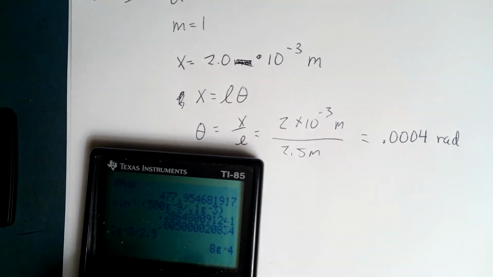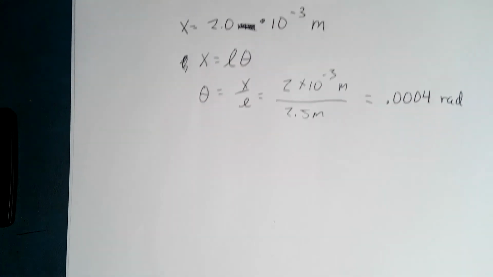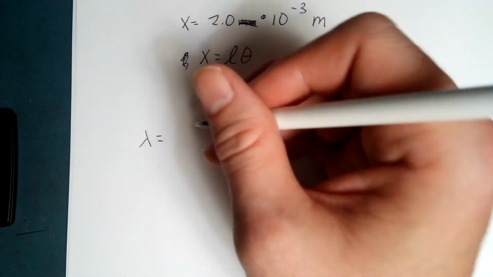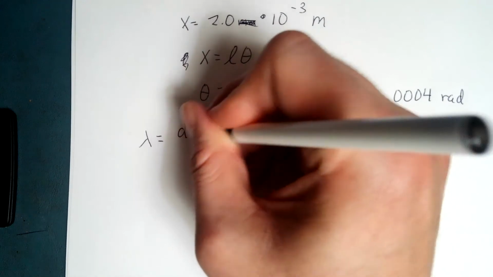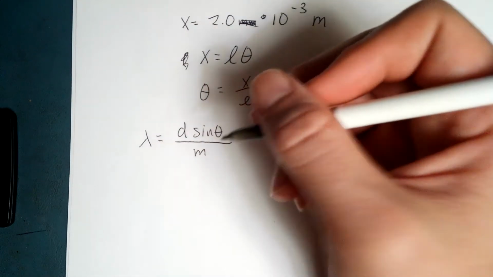Now that's not our answer yet. Okay, we want to find lambda, so the wavelength. So lambda, again from the same equation, is going to be d sine theta over m.